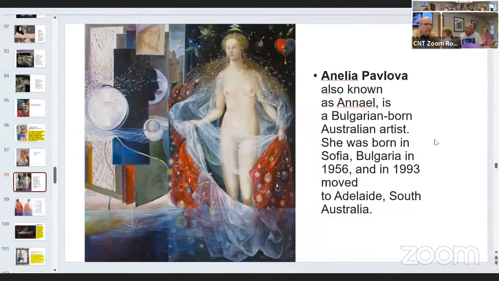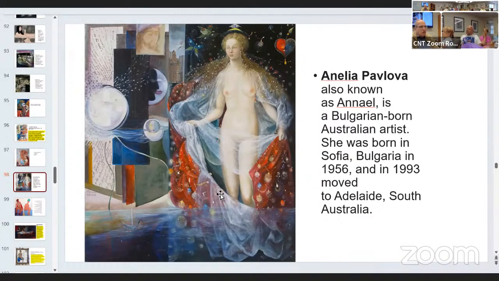Anelia Pavlova, also known as NL, is a Bulgarian-born Australian artist, and this is from South Australia. A lot of very interesting representation. David almost looks like Jesus, right? According to the Christians, David is the forefather of Jesus. Jesus comes out of that lineage.